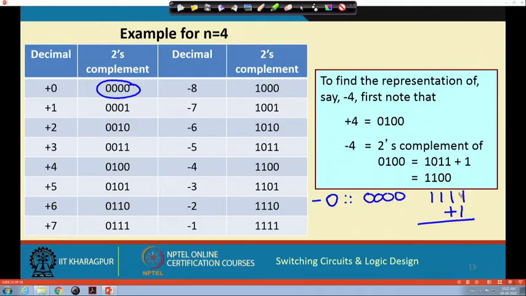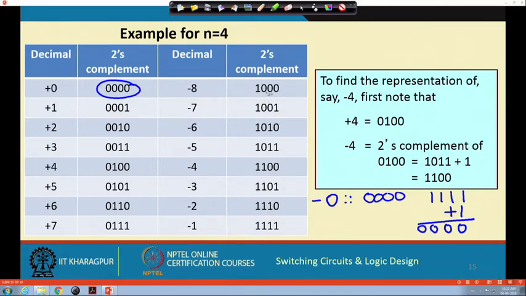If you add 1 to it, you will see that in 4 bits the result will again become all zeros, which means minus 0 will also have the same representation. So, there will be no two separate representations of 0.